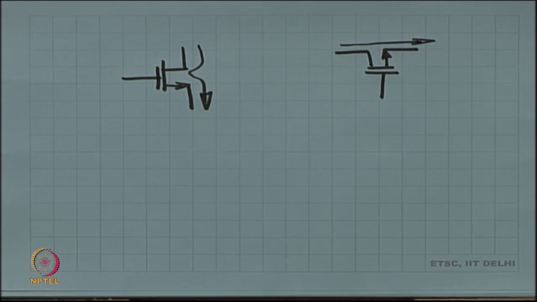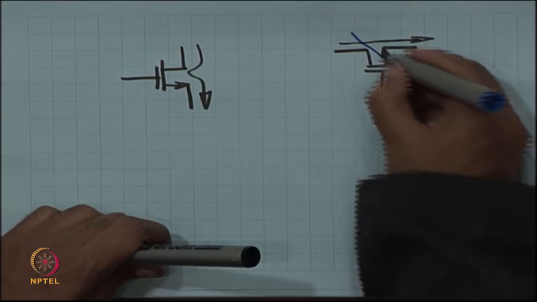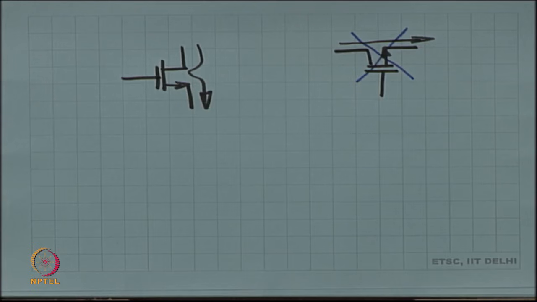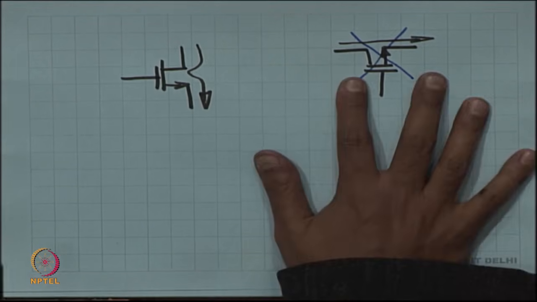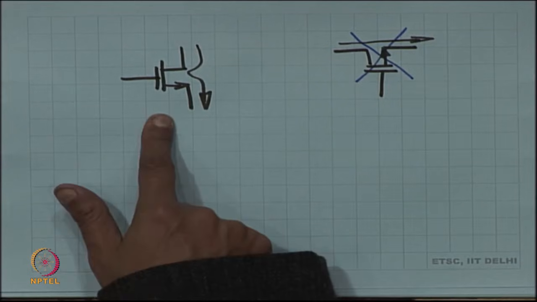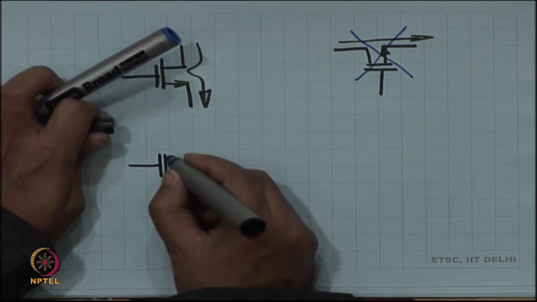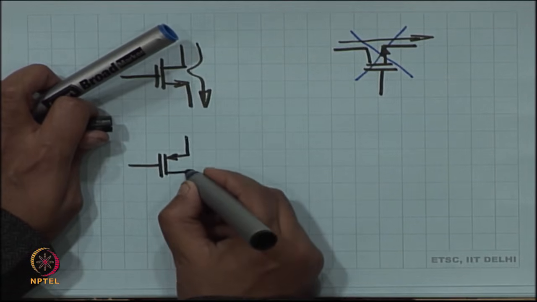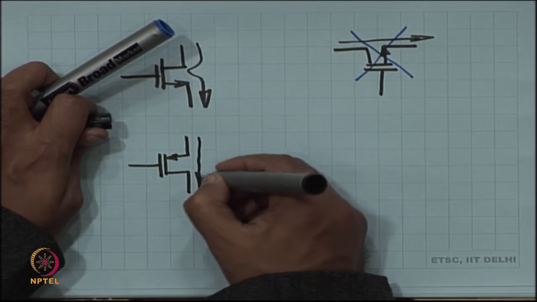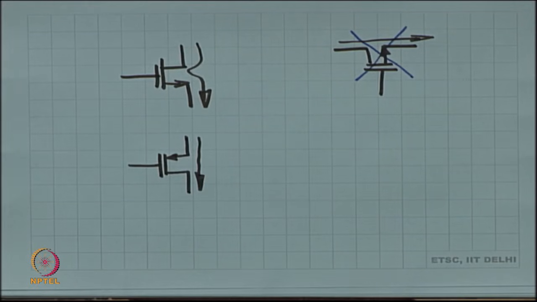So, this kind of a drawing is no good. We are going to avoid this kind of drawing unless absolutely necessary. We are not going to draw like this, we are always going to draw like this. The PMOS, the P channel MOSFET, again current flows from top to bottom. The arrow in the device always points in the direction of the current.